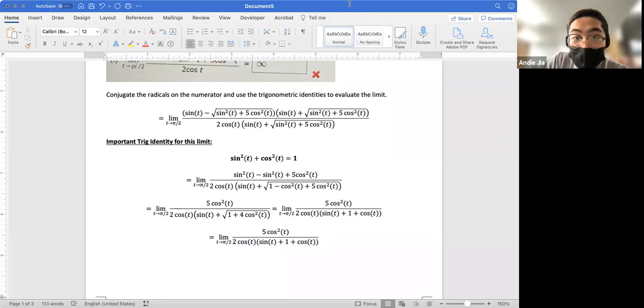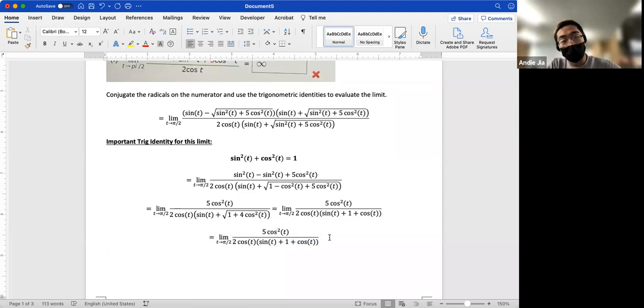Then we evaluate the limit, with cosine of pi over 2.